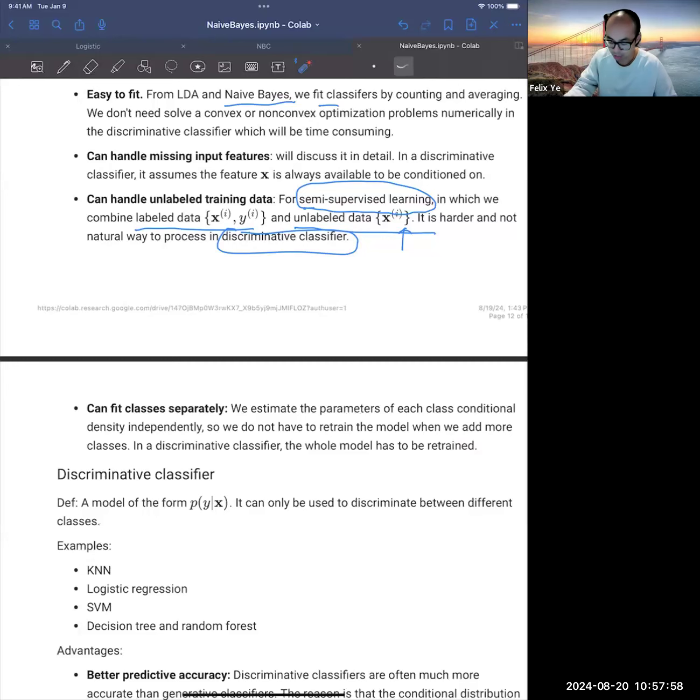We can just recount, and a lot of the other parts can be re-estimated separately with very minor modifications. In the discriminative classifier, that's not going to happen. The whole model has to be completely retrained.